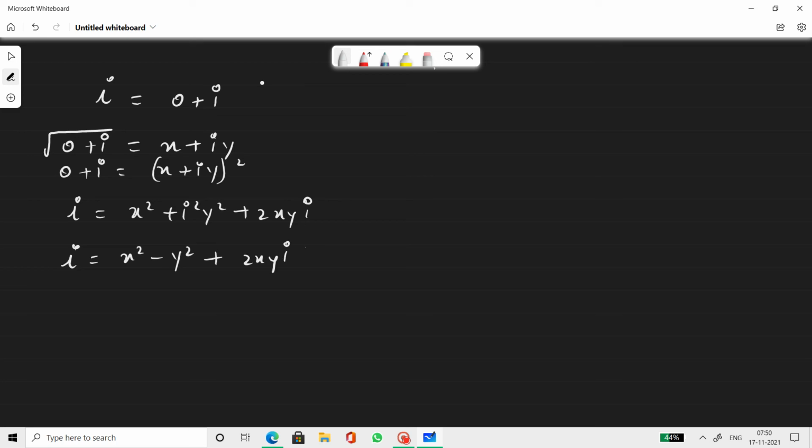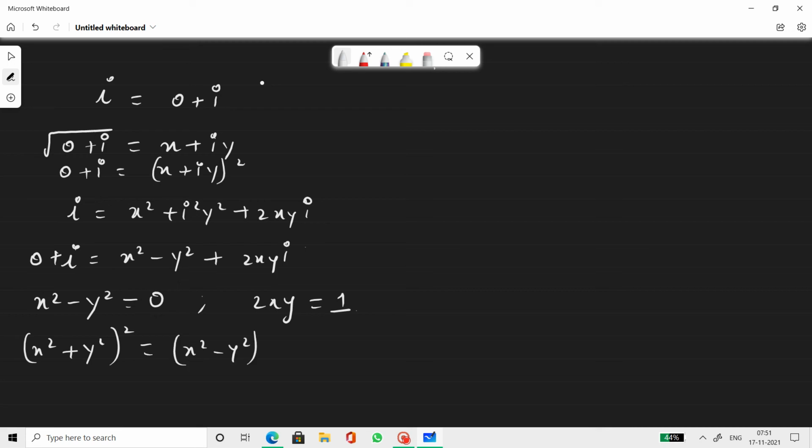Again, equating the real terms. Since it is 0 plus i, equating the real, you get x square minus y square equals 0. And equating the imaginary, 2xy equals 1. Now, as I said, this is not enough for us, so we need another conversion formula. The same thing: (x square plus y square) the whole square equals (x square minus y square) the whole square plus (2xy) the whole square.